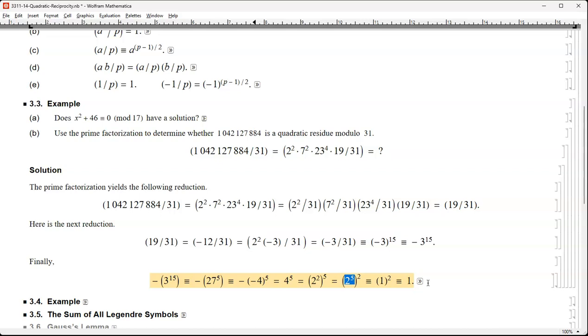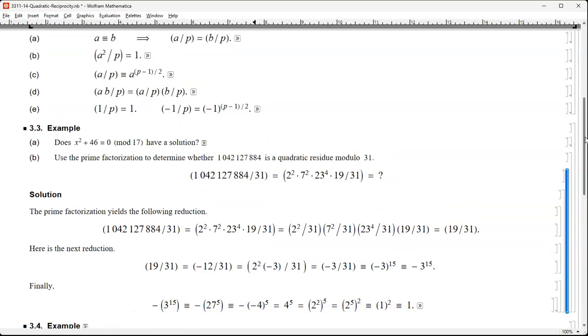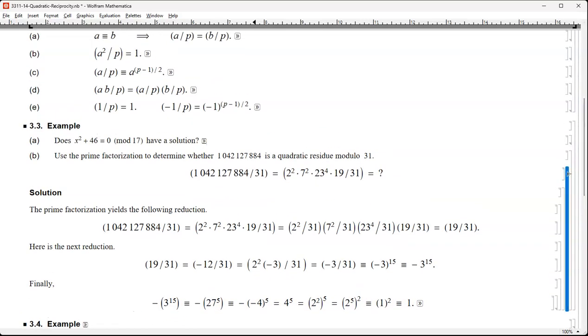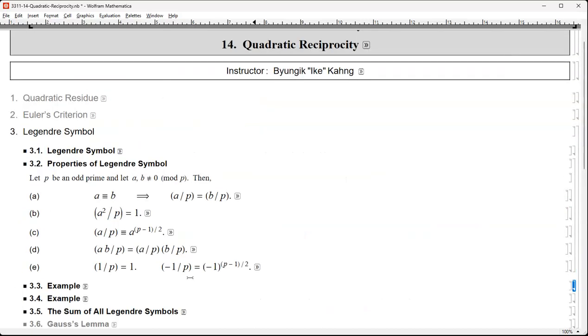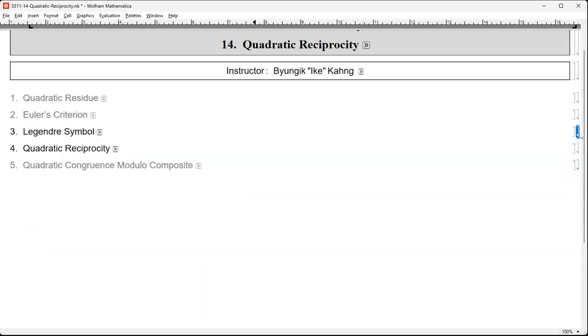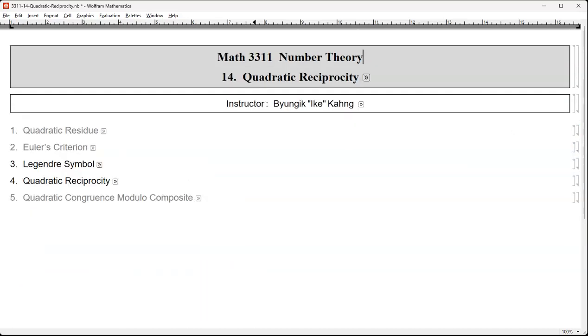So that's 1 modulo 31. We got the simplification. So this kind of computation can be done much more effectively with the Legendre symbol and its algebraic properties. And then we're going to go through even worse examples, some proof problems as well.